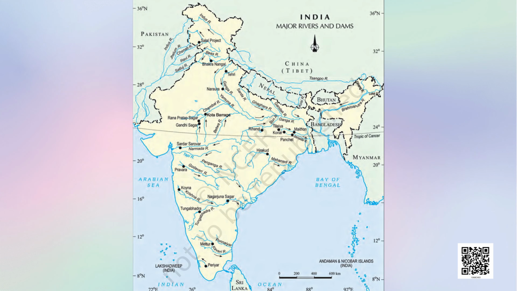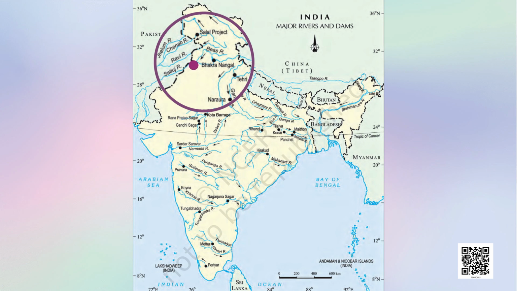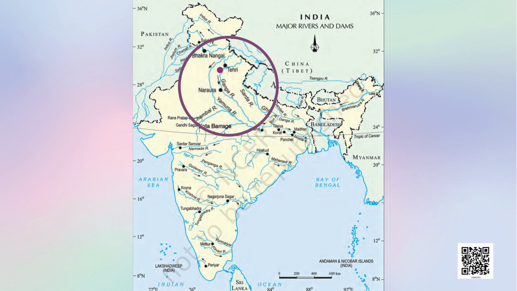Students, first we will see the Salal project. Salal project is situated on the Chenab river in Jammu and Kashmir. Next, Bhakra Nangal project. It is situated on river Satluj, its location between Himachal and Punjab. Next is Tehri project.